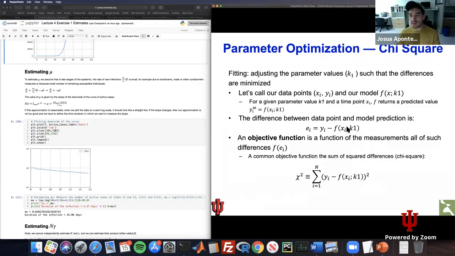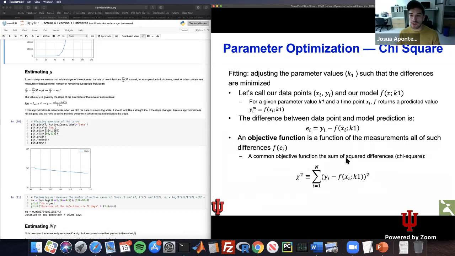So the distance would be the absolute value of the observed data point minus the model prediction. There are multiple ways in which we can quantify the whole error of the model. That quantification of the whole error is called the objective function.